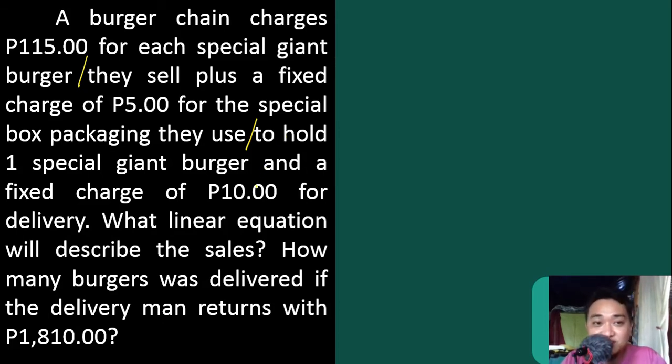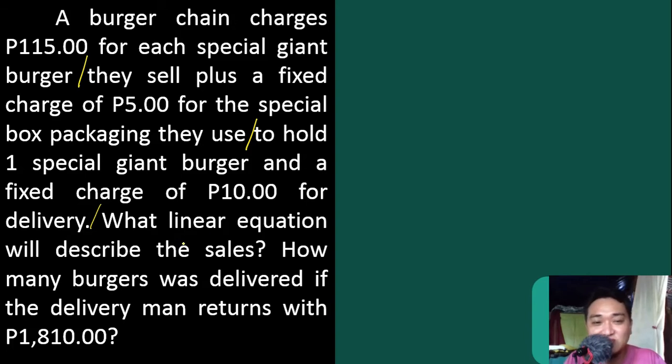And another thing is, they have a fixed charge of 10 pesos para sa delivery. Wala naman sinabi sa problem na kung gaano kalayo. Basta ang sinabi lang, kahit saan sila mag-deliver, basta abot nila, mag-charge sila ng 10 pesos.